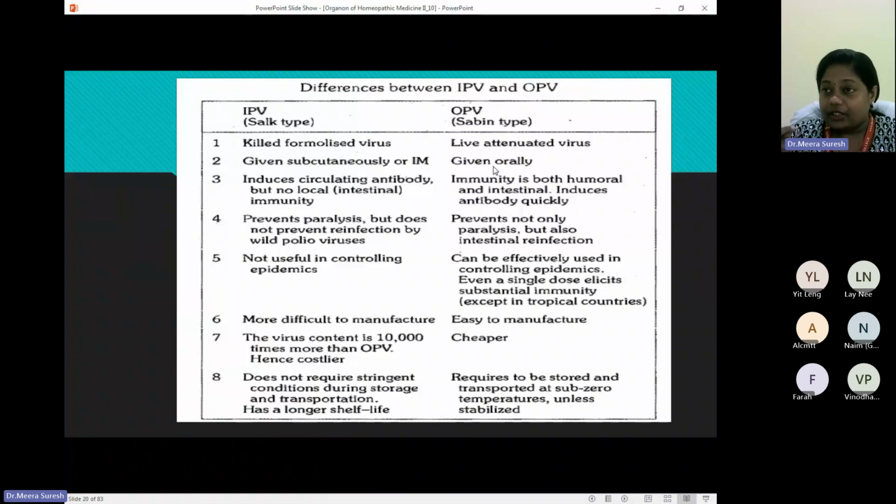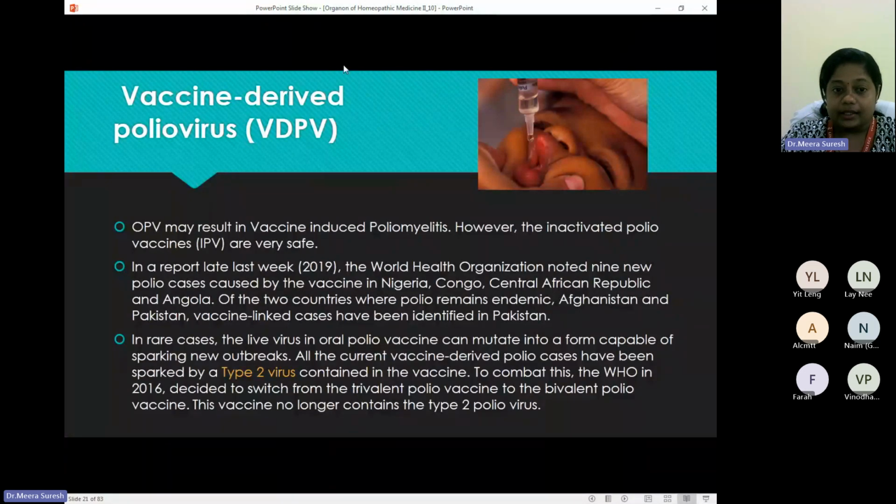That child who developed polio after taking the vaccine is actually having vaccine derived polio. It is not wild polio. It is not that polio from the outside environment entered his body and then he had polio. No, it is not wild polio. He developed it because of the OPV he had taken, because the type 2 variety in OPV could mutate, and that is called the vaccine derived poliovirus.